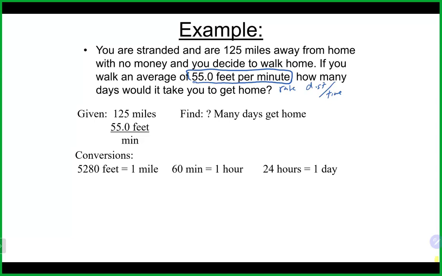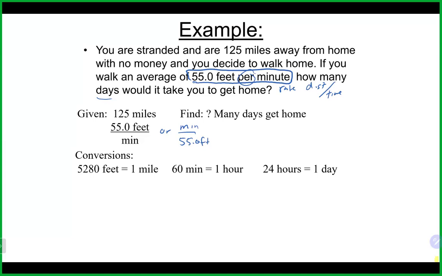We're going from distance to time, and what we're ultimately looking to find is days, which is a unit of time. So in this case, we could use 55 feet per minute, or flip it around and use minutes on top and 55 feet on the bottom. Remember, when you see per, it's two different units, something over something. We also have a unit issue, which you always want to be aware of.